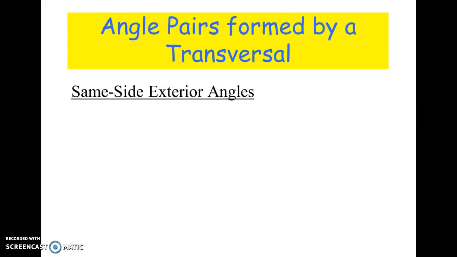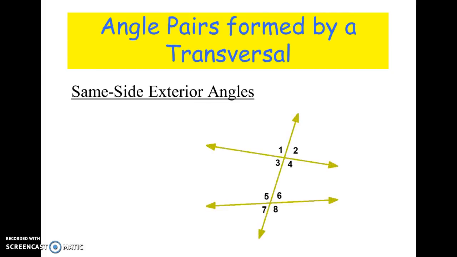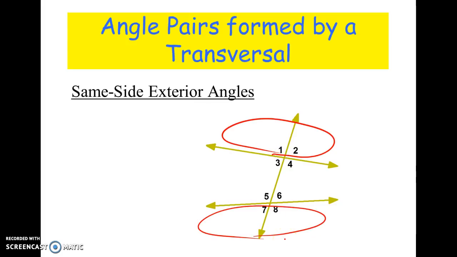Okay, and lastly, same side exterior angles. So same side of the transversal, exterior area, exterior region of your figure. So we're talking about out here and out here. So that's exterior region. And we're looking at angles that are on the same side of the transversal.